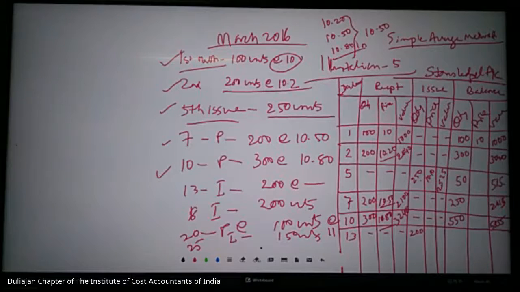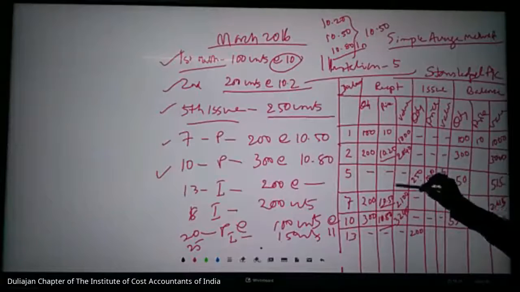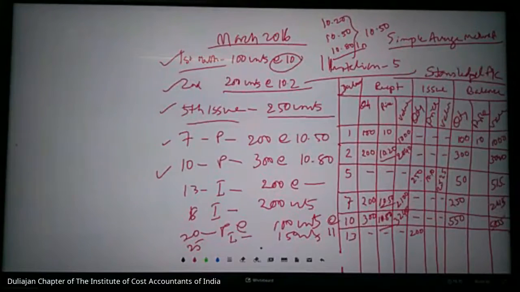Understand why I am saying the 10 rupee price is already issued. It is no more with me. I have only 3 receipt prices from which I am going to issue. So remember, only these 3 prices I am going to take into account. You have to carefully mind that.